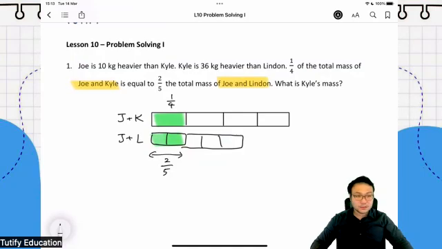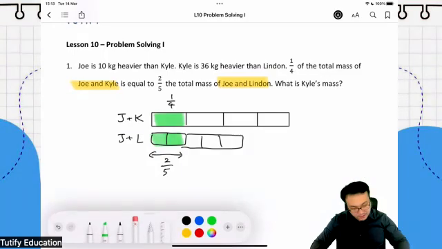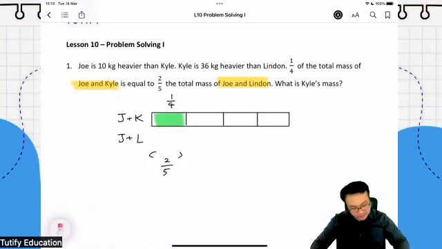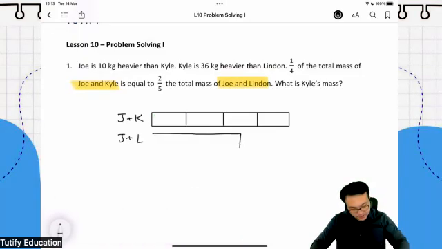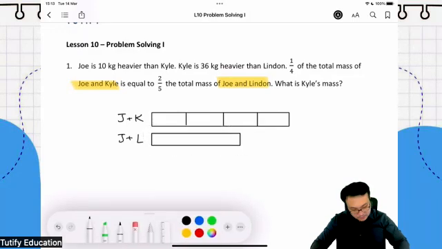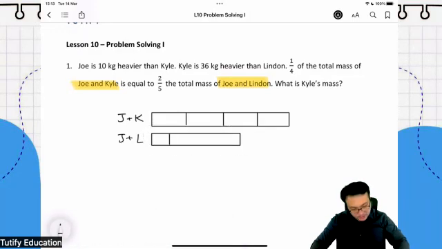Okay? So we have Joe and Kyle, Joe and Lyndon. Let me draw it properly. Five units here. So we have 5 units here so that we can get 2 out of 5.